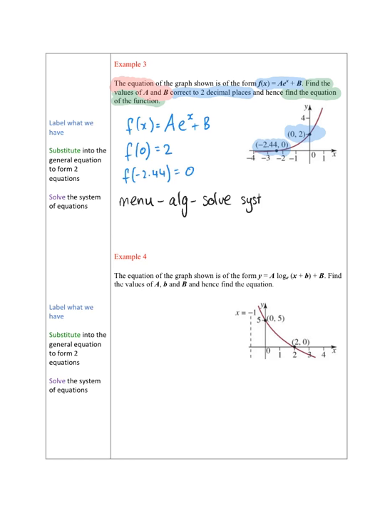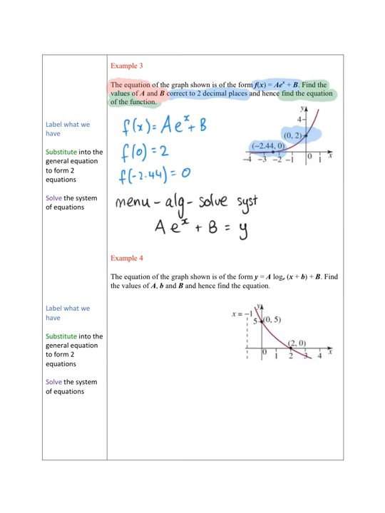So the first equation, where we might substitute the fact that f of 0 equals 2, is to say that a e to the x plus b might be equal to y, in this case f of x, where we just substitute in 0 for x and 2 for y.